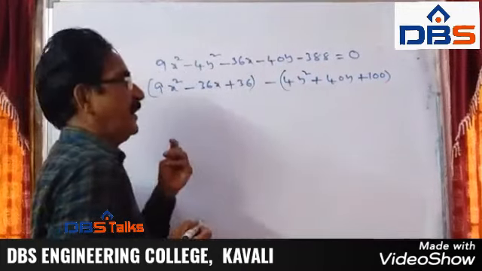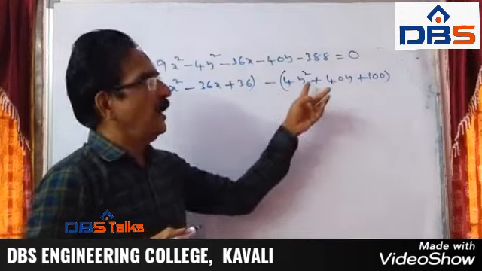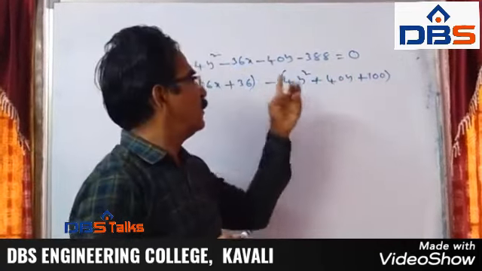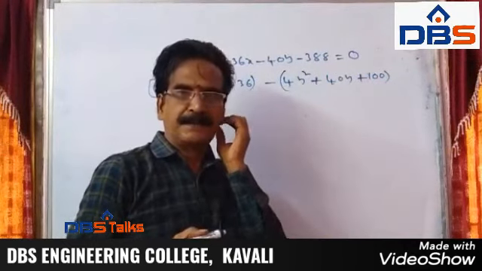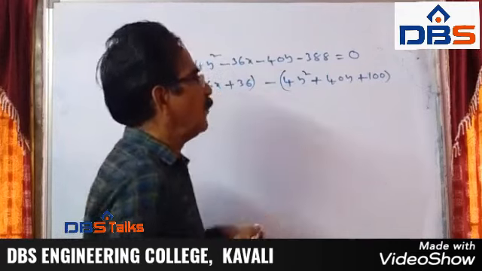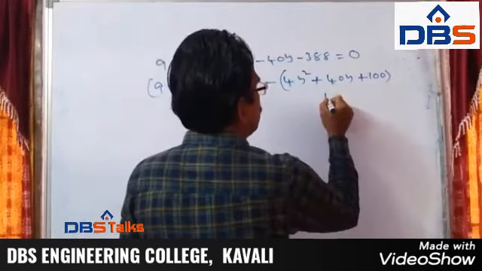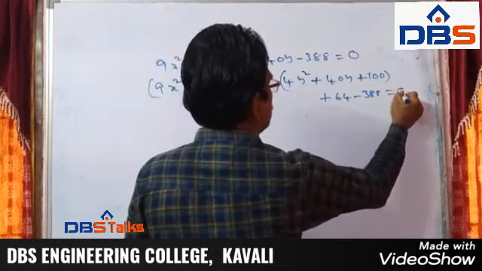Now what have we added? We have added 36 and we have subtracted 100. So minus 100 plus 36 is minus 64, we have subtracted net. So we have to add plus 64. So plus 64 minus 388 is equal to 0.